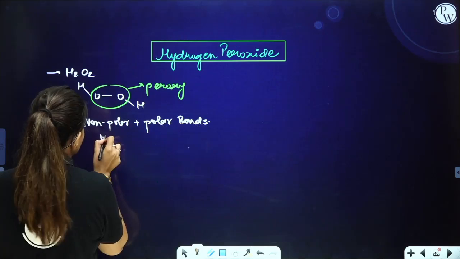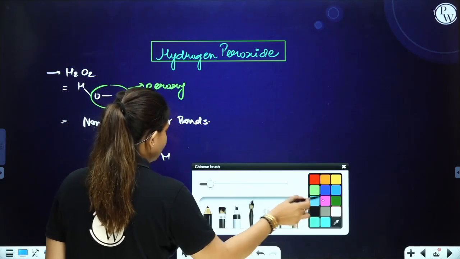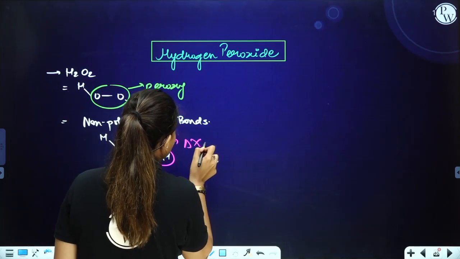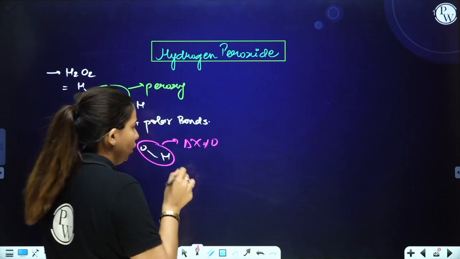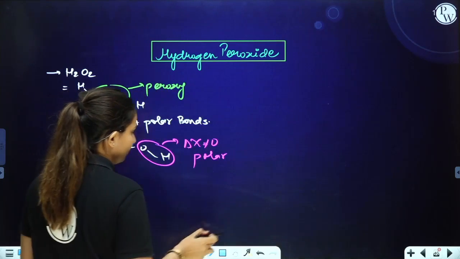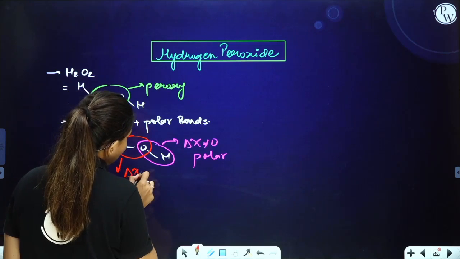Let's say for example, if I have this, okay, so this bond is considered as having electronegativity difference as non-zero. So this bond will be considered as polar. Whereas this bond is having electronegativity difference as 0.